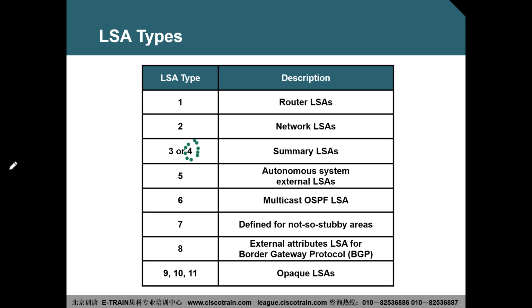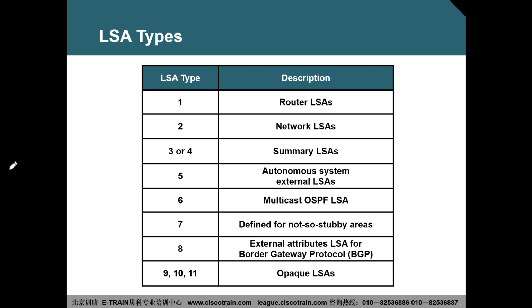Now let us go to type 4. What is type 4? Before that I want to ask, from where does this type 5 originate? ASBR. Yeah, ASBR, from the place where you do redistribution, from that router. Now that router's router ID is advertised by the ABR of that ASBR, which is called type 4 LSA.